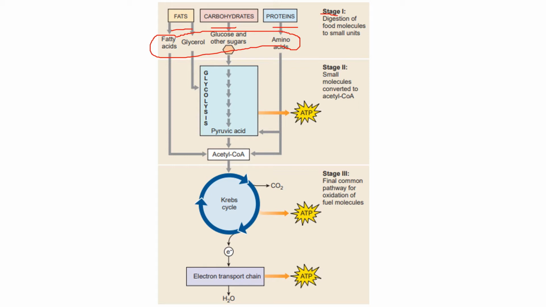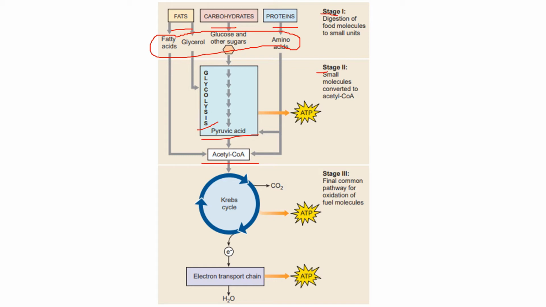In stage 2, also called glycolysis, most of the digested food is converted into 2 3-carbon units of pyruvic acid in the cell cytoplasm. The pyruvic acid molecules then enter mitochondria, wherein in another reaction they join with coenzyme A, or CoA, to form acetyl-coenzyme A, or Acetyl-CoA.